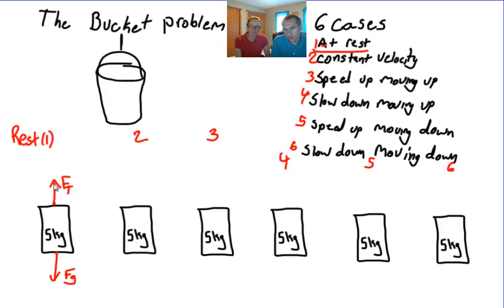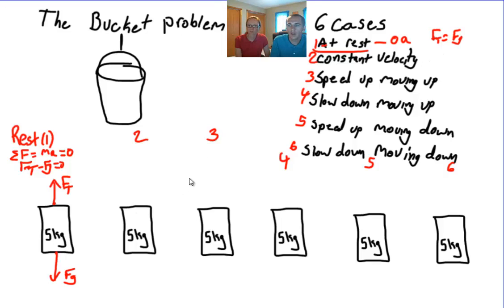Okay, so you say balanced forces, it's at rest, it's not changing, so Newton's second law says net force equals mass times acceleration, and since the acceleration in this case is 0, there's 2 forces, Ft minus Fg equals 0, and so Ft equals Fg. So for this one, we have 0 acceleration, and so Ft equals Fg.